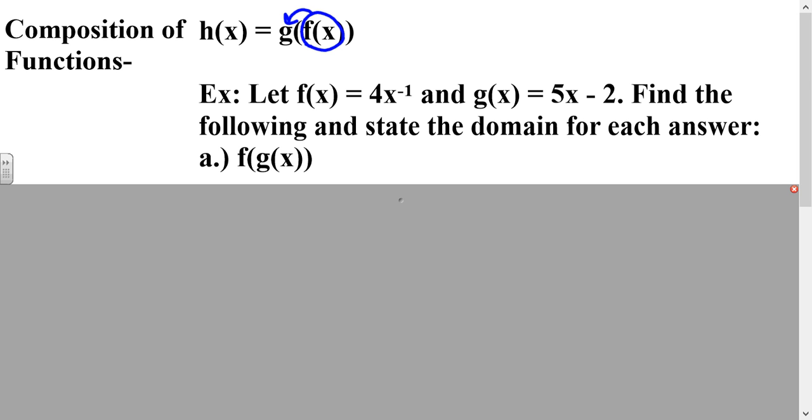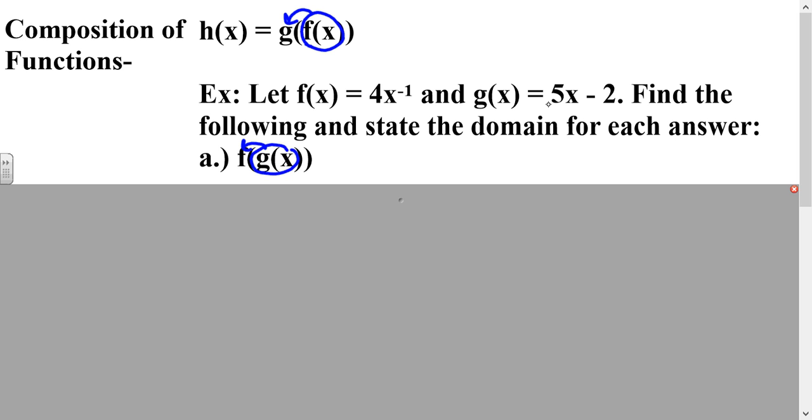So we have that f of x equals 4x to the negative first, and g of x equals 5x minus 2. So first we have to find the following and state the domain for each answer. So they want us to find f of g of x, which means that I'm taking g of x and I'm plugging it into f.